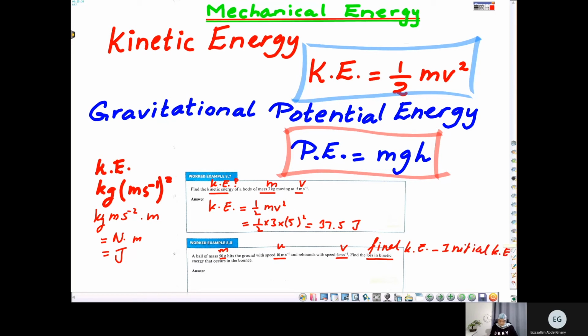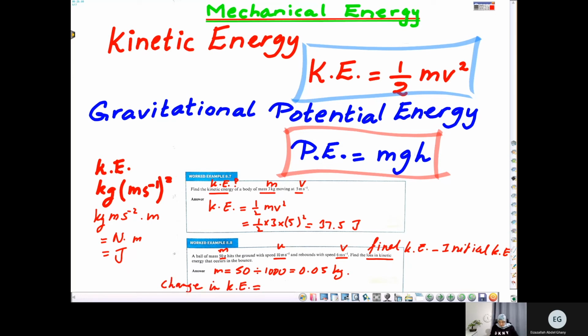Yes, it does. So, first of all, convert. Mass equals 50 grams divided by 1000, to change it into kilograms, it will be 0.05 kilograms.